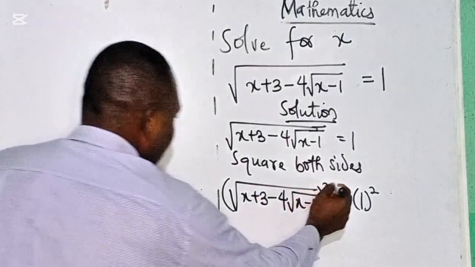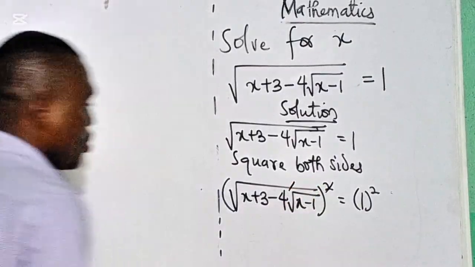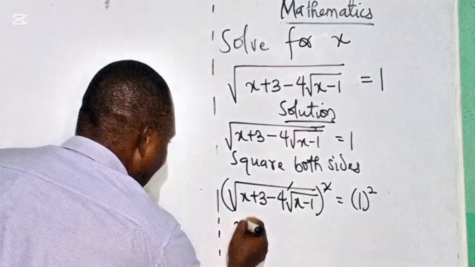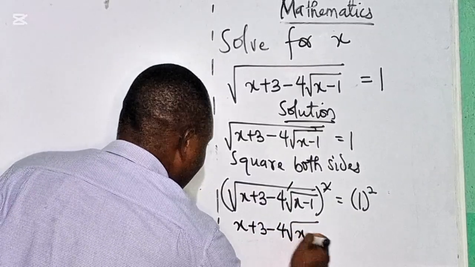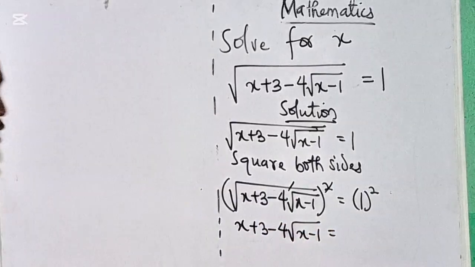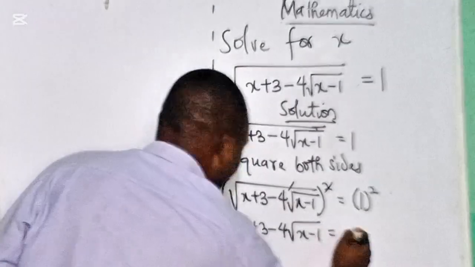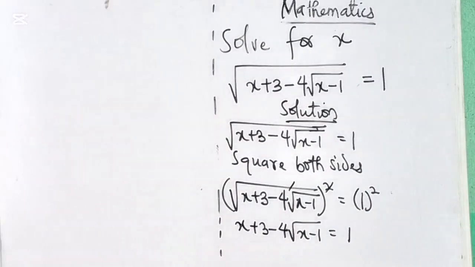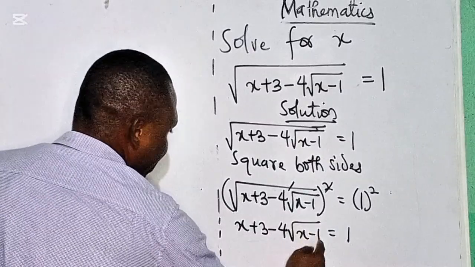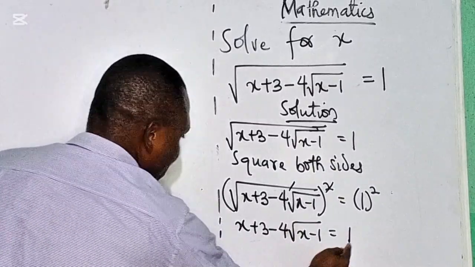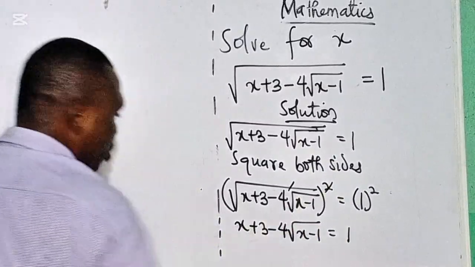Okay, now the square root and this 2 go off, so I have x plus 3 minus 4 root x minus 1. Now 1 raised to the power of 2 is still 1, so I have 1 here. Is that clear? Good. Now I can bring minus 4 root x minus 1 to this side of the equation, and this 1 to this side of the equation.